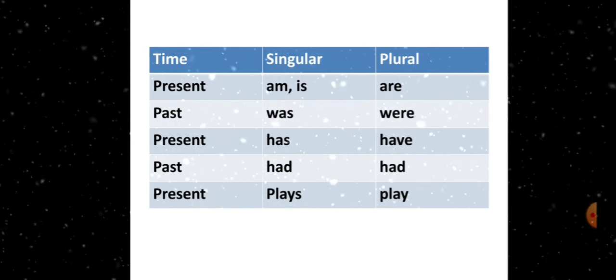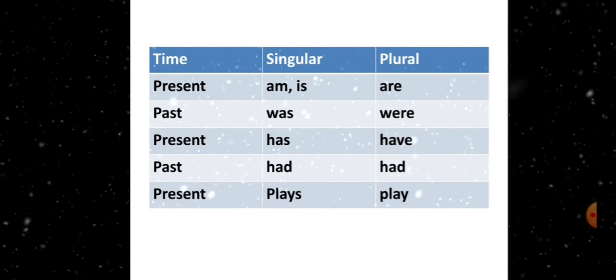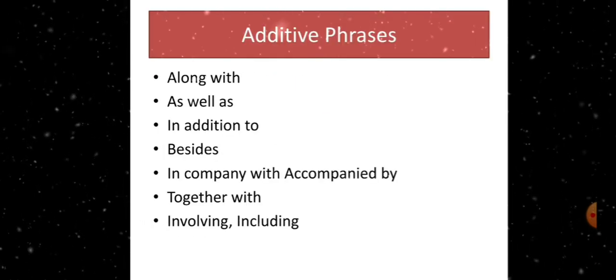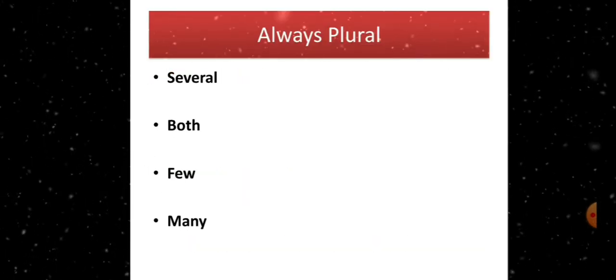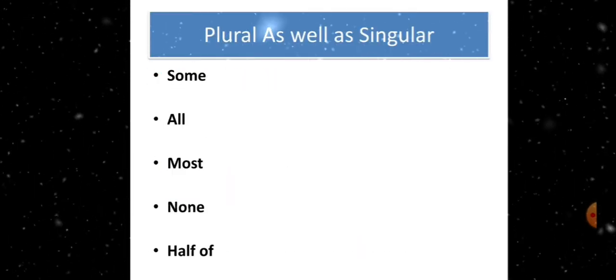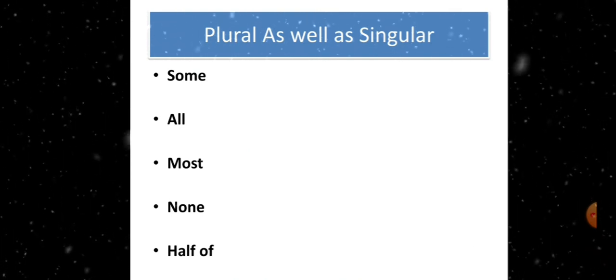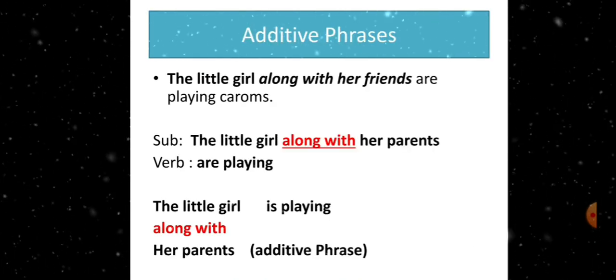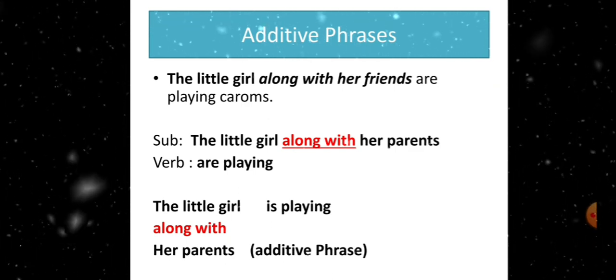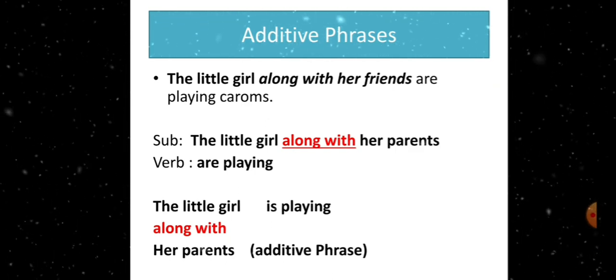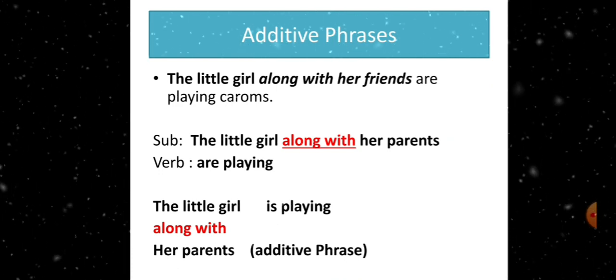Hope you have understood the 5 rules of subject and verb agreement that we discussed today. So the first rule is there are some nouns which are always singular, some pronouns are always plural, some pronouns can be used both as singular as well as plural, and the additive phrases are given between the subject and the verb to confuse you. And remember that additive phrases do not affect the agreement between subject and verb.